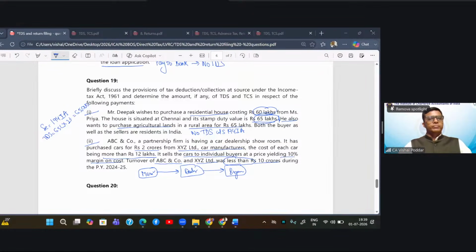Which section? Okay, good. So again, Harshal, what is taxable, not taxable?